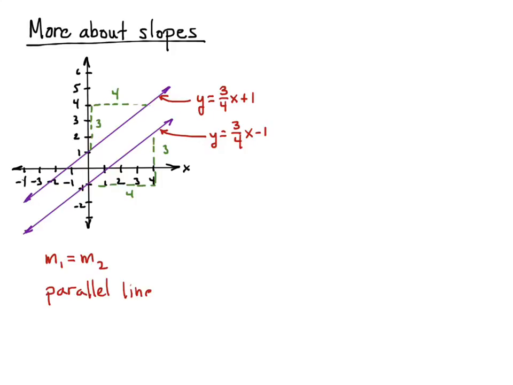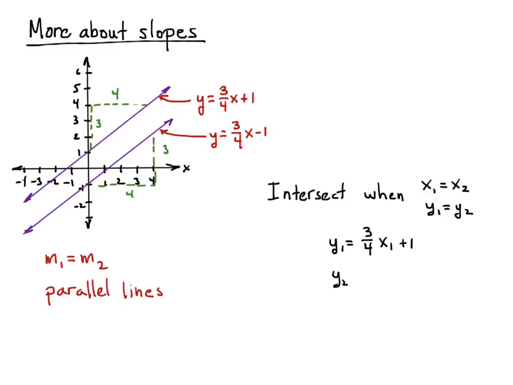That's going to be the characteristic of parallel lines: parallel lines never intersect. If two lines were to intersect, you would expect the values to be the same. At the same x, you'd get the same y if they intersected. But if we look at these two parallel lines, the first one is y1 equals 3/4 x1 plus 1, and the second is y2 equals 3/4 x2 minus 1.